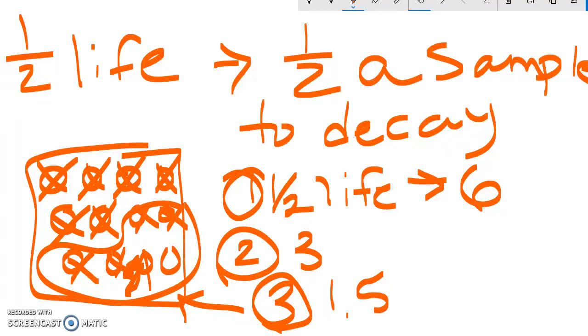So you're never going to run out. You just keep taking half of it. And so that's basically the idea of half-life.